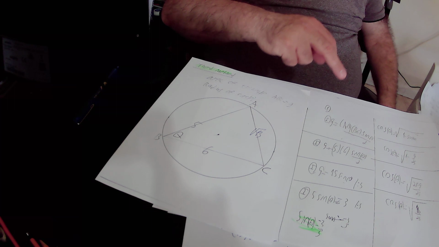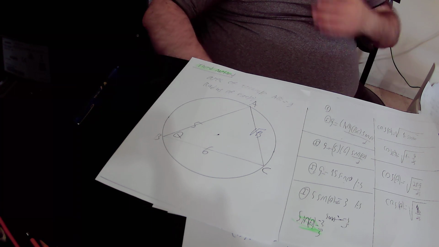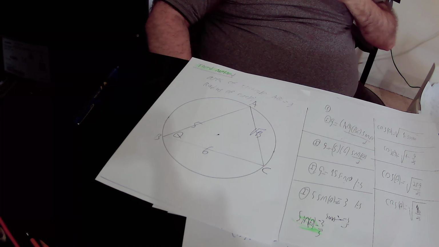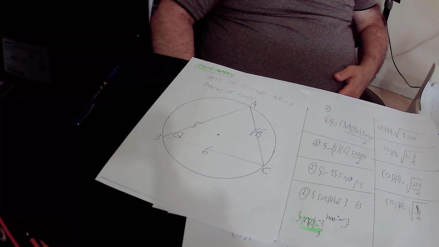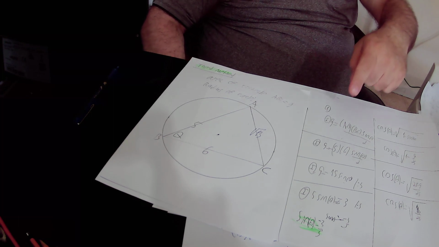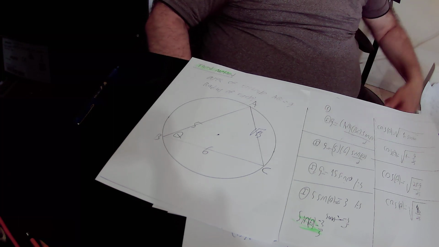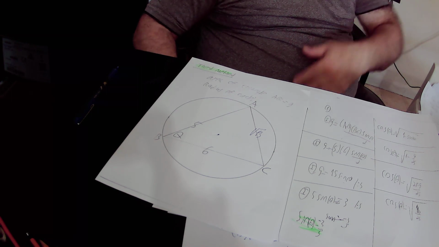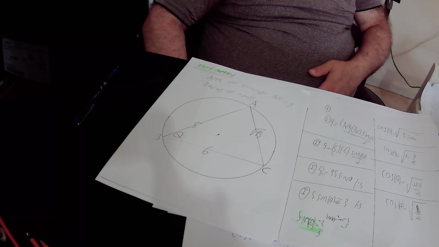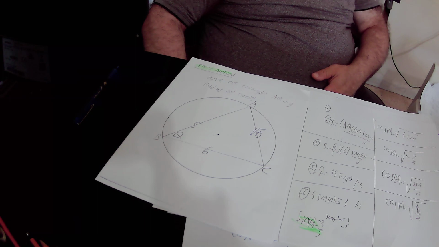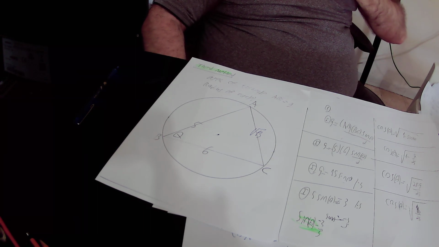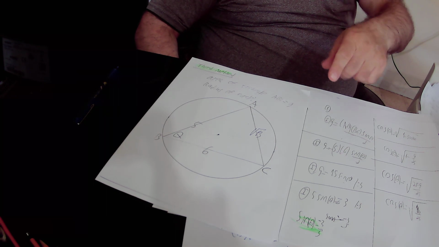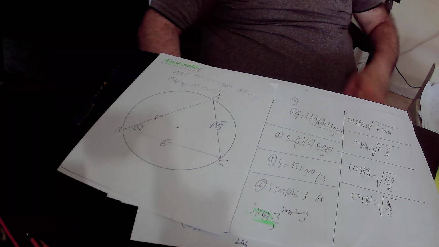AB is 5, BC is 6, times sine theta over 2. 5 times 6 is 30, and 30 over 2 is 15. And we know that the area of triangle ABC equals 9 square units, so in conclusion we found out that 9 equals 15 times sine theta. We divided the equation by 3, and we got that 3 equals 5 times sine theta. We divided the equation by 5 and found out that sine theta equals 3/5.